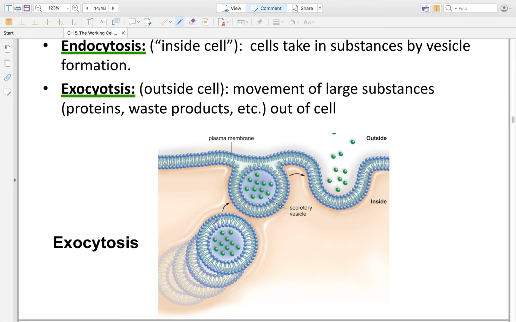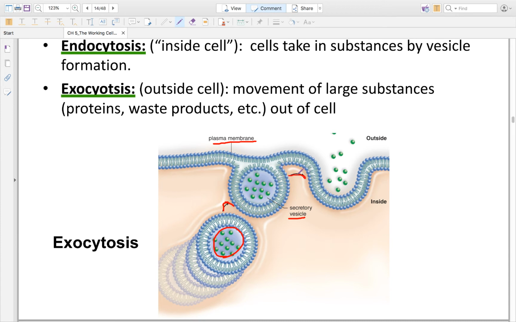And notice, if you look closely, it's made out of phospholipids. It's made out of a phospholipid bilayer, layer 1, layer 2, molecules on the inside. All it has to do is interact and bind with the plasma membrane, and slowly but surely the phospholipid bilayer in this vesicle will become part of the actual plasma membrane itself.